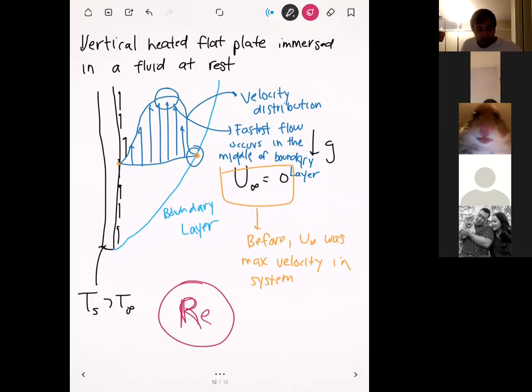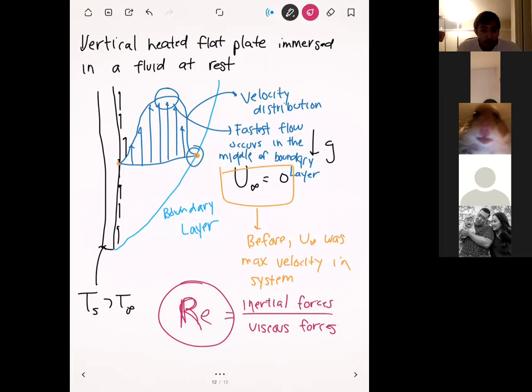If you remember, the Reynolds number represents a ratio between inertial forces and viscous forces.